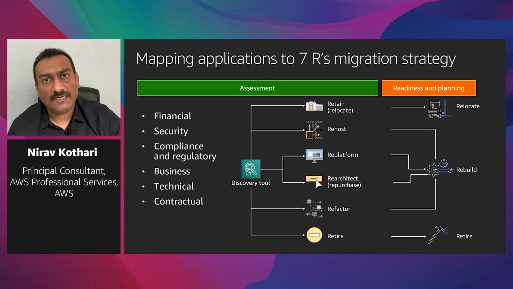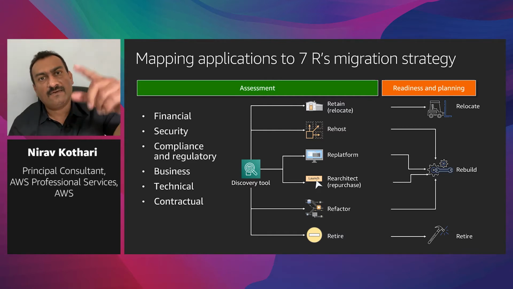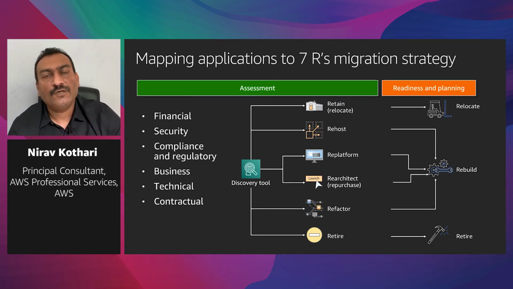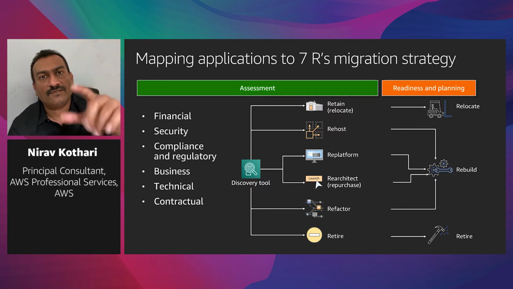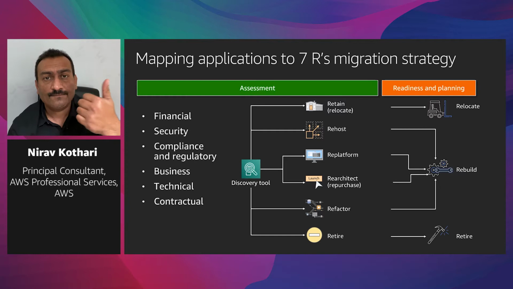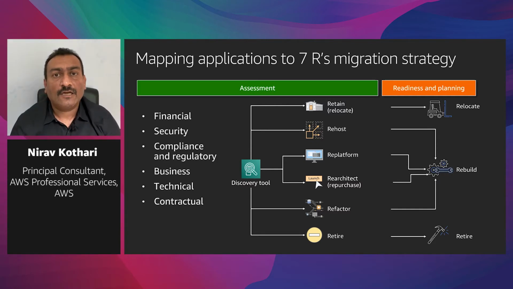You will look at the application, you will categorize them into those 7 R's that I've listed on the slide. We'll get into a lot more details around those R's. But you will map individual applications against one of those R's, which are retain or relocate, rehost, replatform, re-architect, repurchase, refactor, and retire.